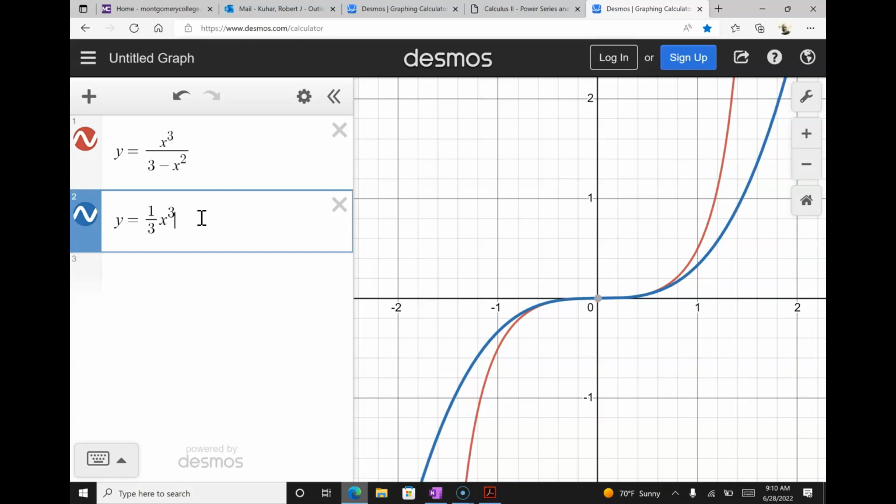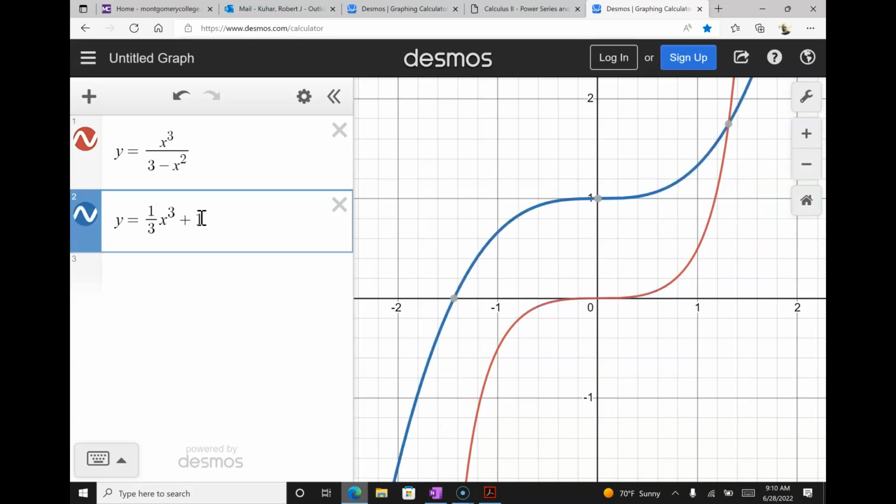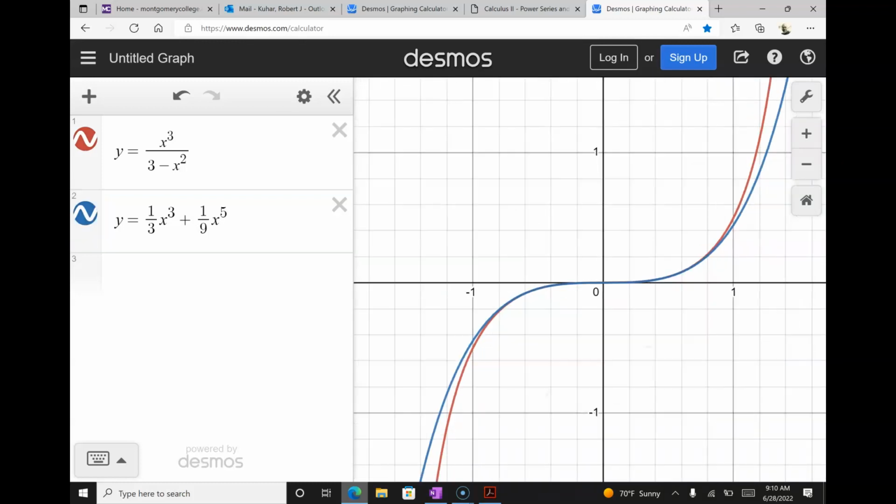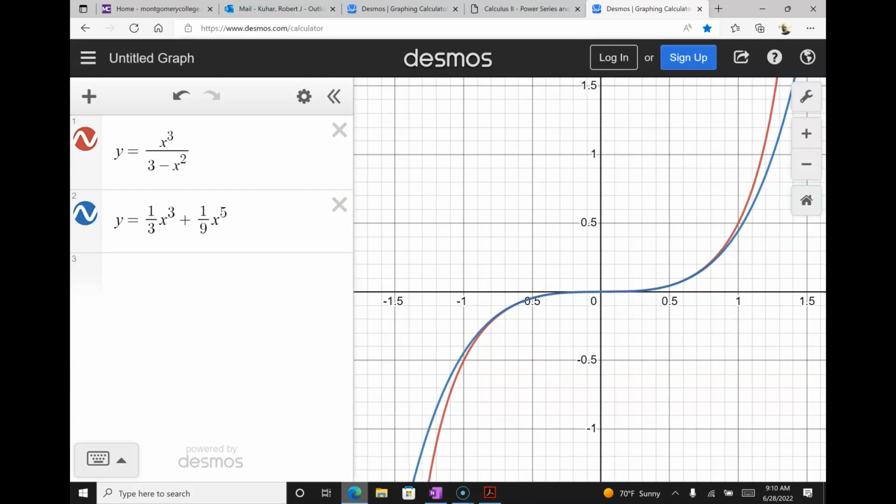So then adding the next term, plus 1/9 x to the 5th. What do you think? Good up to 0.75? Pretty close, right? Oh, not 0.75.